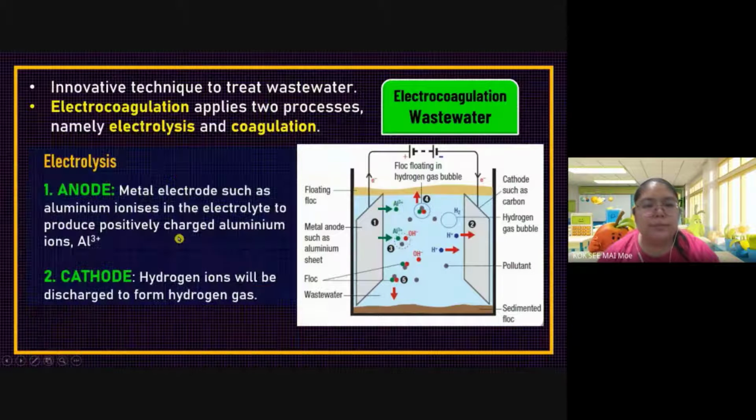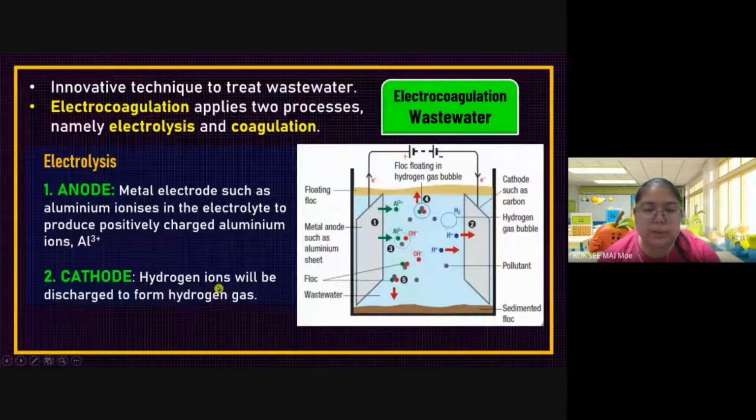Okay, first one, electrolysis. We start with electrolysis. The anode is a metal electrode such as aluminium, which releases ions in the electrolyte to produce a positive charge. There are aluminium ions. So for the anode, they will produce positive ions. For the cathode, sure you understand.